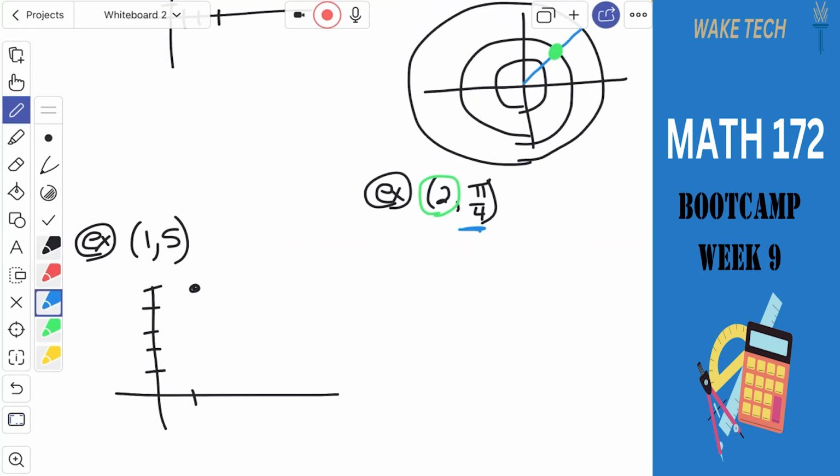What we need to figure out is the angle we should rotate to, right? So starting from the x-axis, what angle should we rotate to get to that point? In addition to that, how far should we travel from the origin?